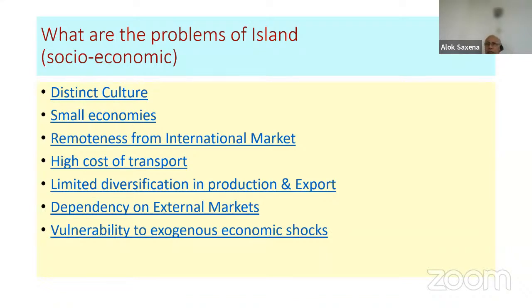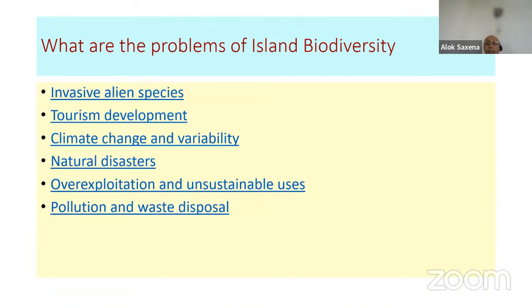Islands always have very small economy. You can't produce things on a large scale. Remoteness from international market, high cost of transport. I won't discuss these things in much detail because let me discuss more about the management issues. Now, this is a very important thing.